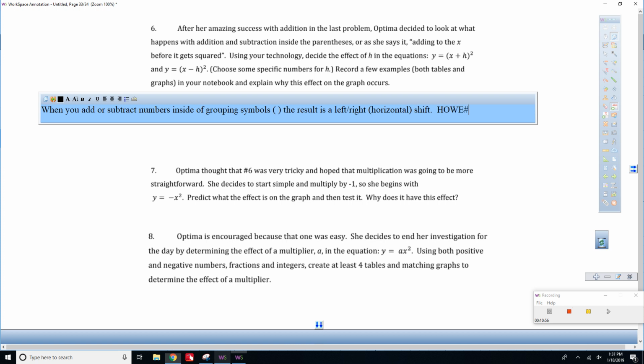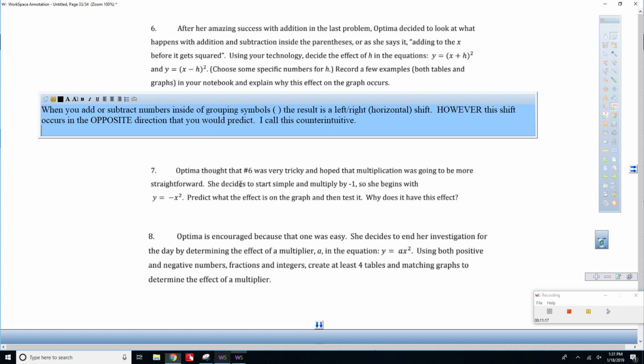However, this shift occurs in the opposite direction that you would predict. I call this counterintuitive. Does that make sense?